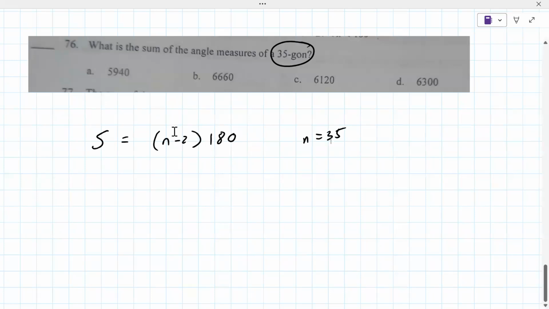Did you subtract 2 from 35 and then multiply by 180? Oh wait, no, I didn't subtract. You have to enter it exactly the way it's written. Okay, yeah, I got A. Great.